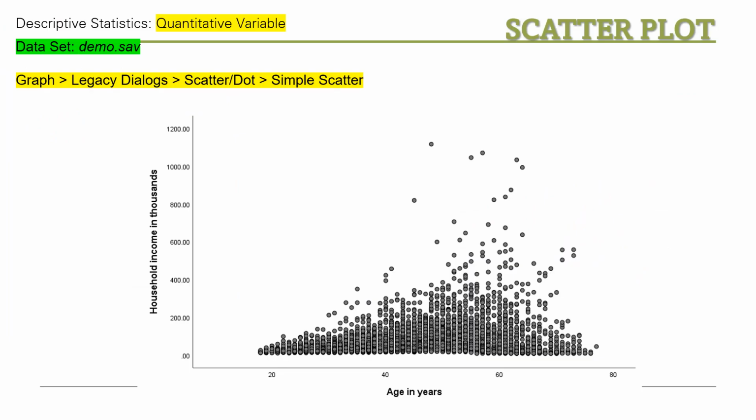Another visual presentation which is suitable for quantitative data in descriptive statistics is scatter plot. A scatter plot is also called a scatter chart, scattergram, or scatter plot XY graph.